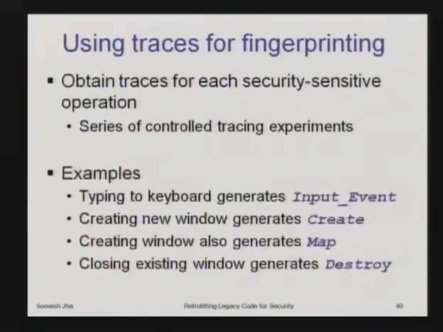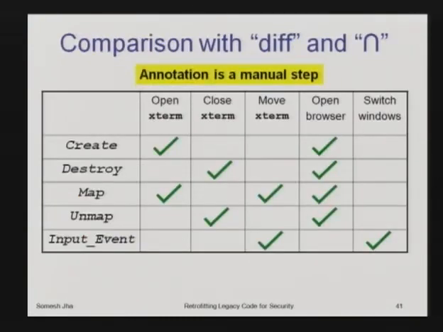So all we are using is a specification something like this. You need to say that whenever I open an xterm, then create and map security-sensitive operations happen. This is given by an expert of the X server.